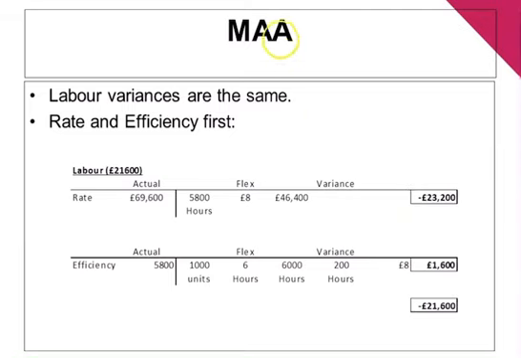Okay, so moving on, labour variances, we do exactly the same. We do rate and efficiency first. So there's your total labour variance, there's your rate, there's your efficiency. Again, rate is how much you pay, and efficiency is how long it's taking you.